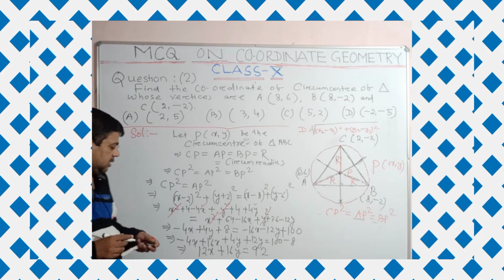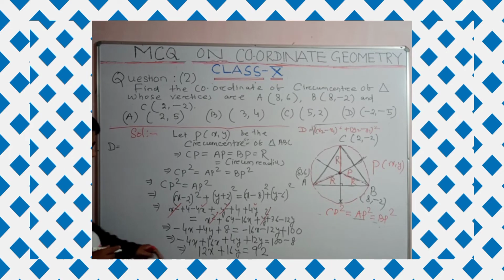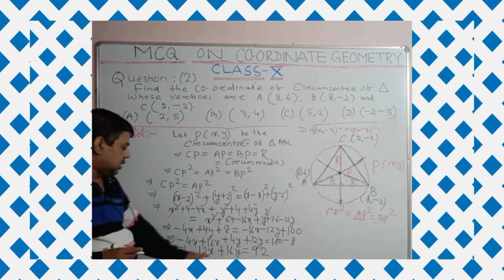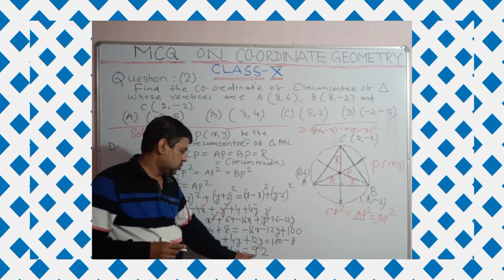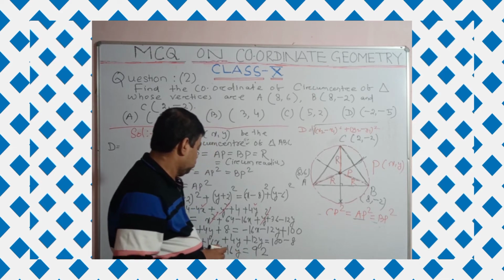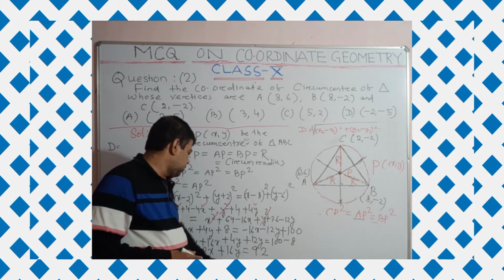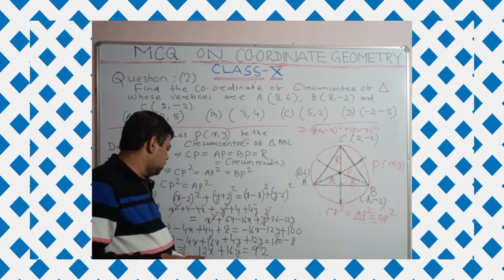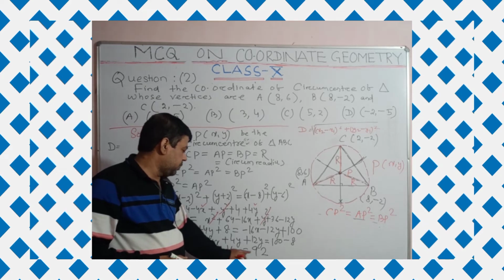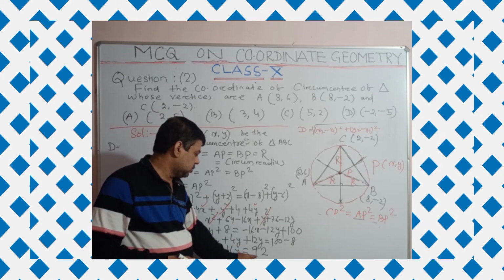Is it clear? So you can simplify this also: 12x plus 16y is equal to 92. Can you take a common factor? There is a common factor 2 here, common factor 2 here, common factor 2 here also.